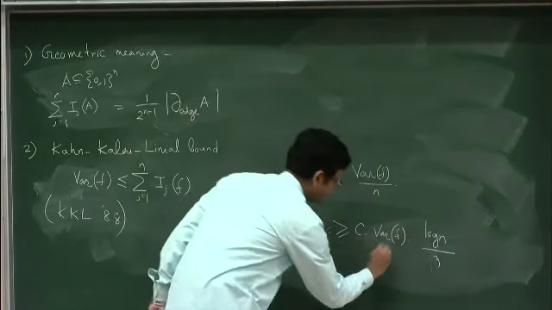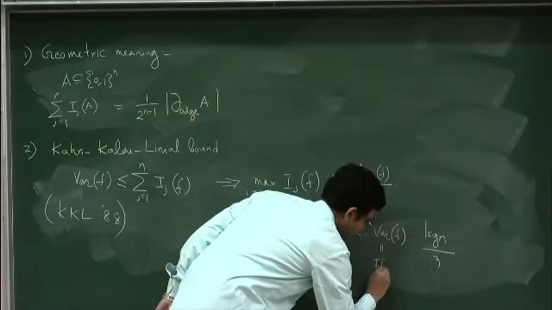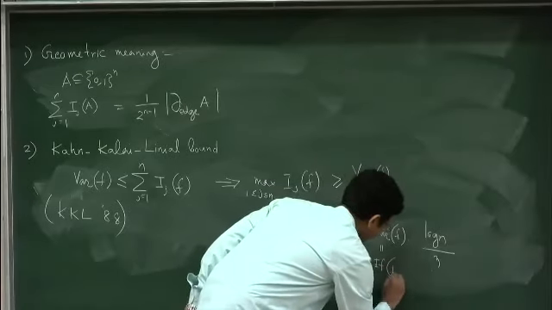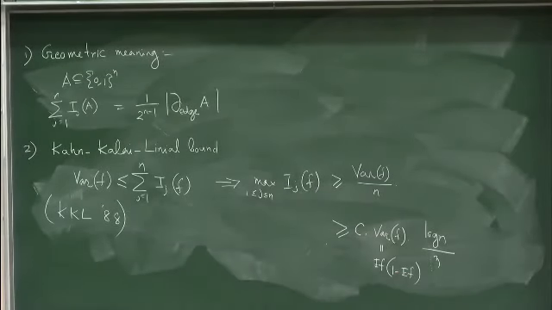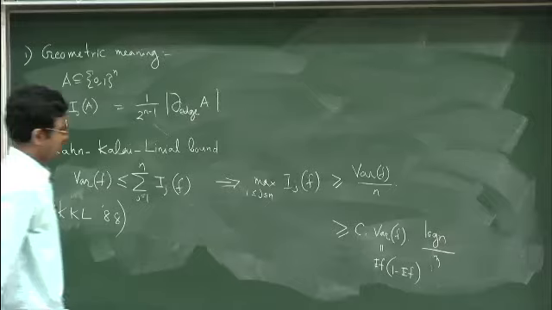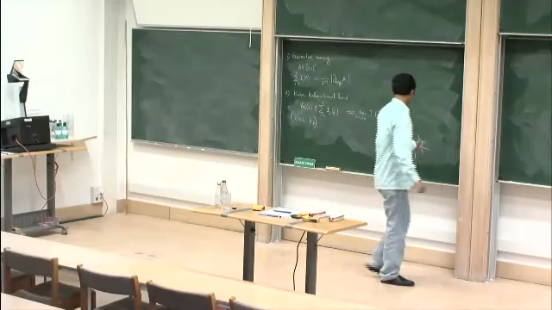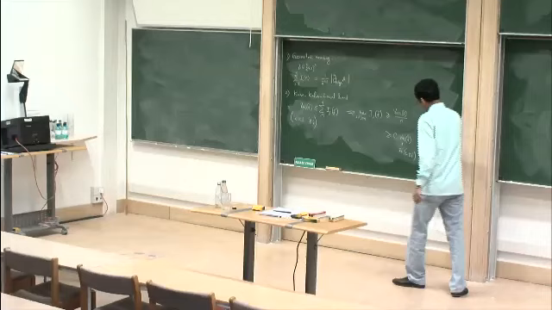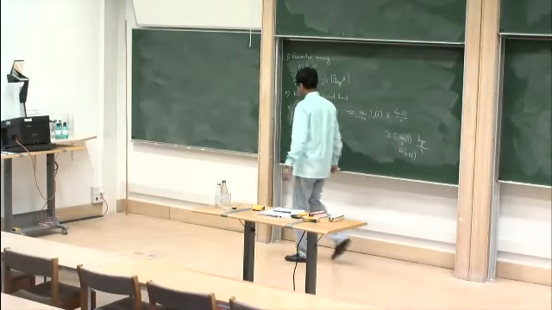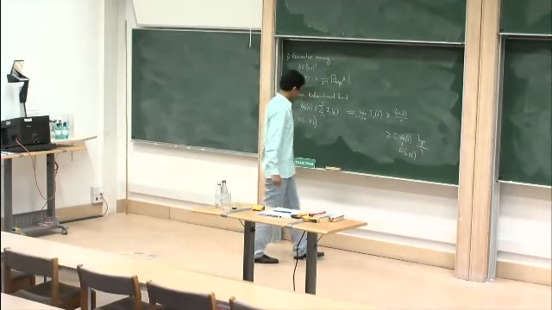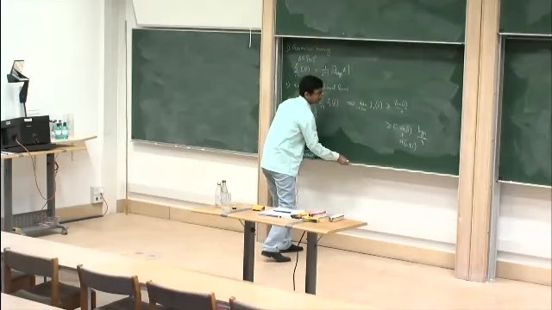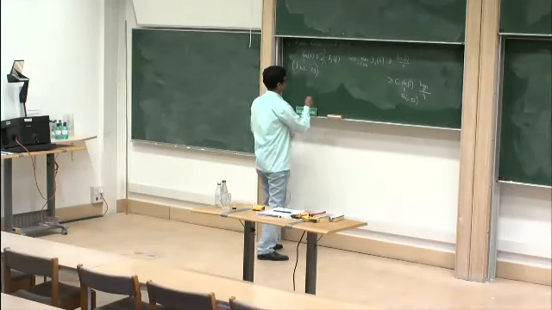And remember that the variance of f is nothing but the expectation of f times 1 minus the expectation of f, because we are dealing with Boolean functions. And one cannot do better than this, in the sense that the dependence on n is tight. Let me show you the function. This is called the tribes function.